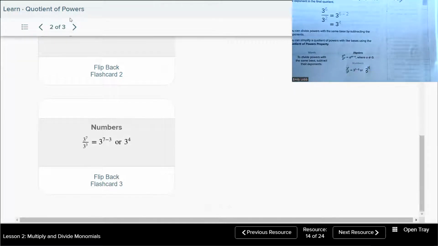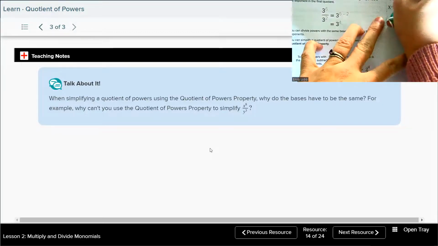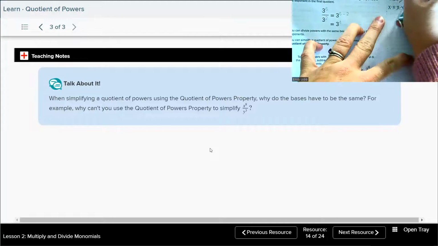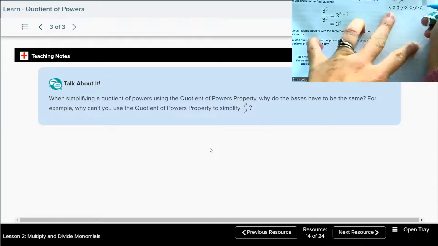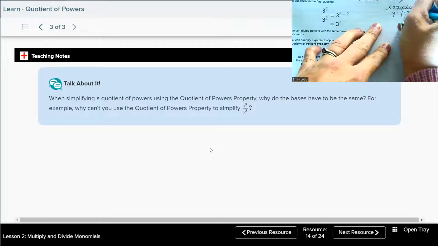So when we talk about it in that right column, when simplifying a quotient of powers using the quotient of powers property, why do the bases have to be the same and not like x to the 8th or y to the 3rd? So if I wrote out x to the 8th and y to the 3rd, so if I wrote out x times x times x times x times x times x times x times x, is that 8? Divided by y times y times y.